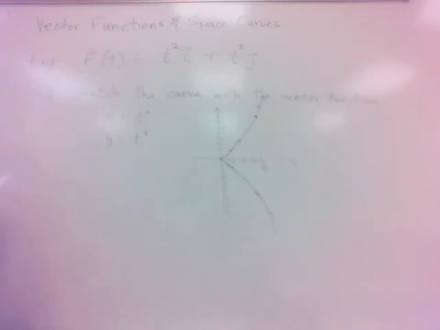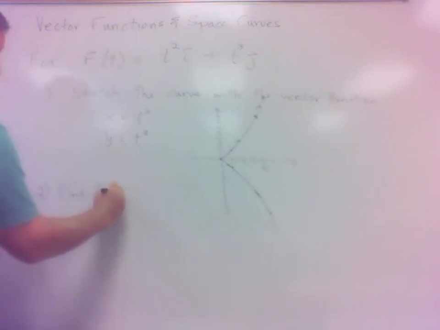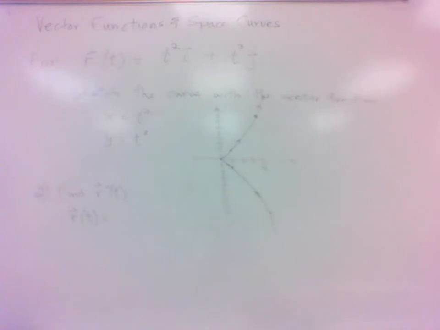Okay, what would part 2 be? Let's find r prime of t. So the direction, the derivative function, vector function for r would be what?